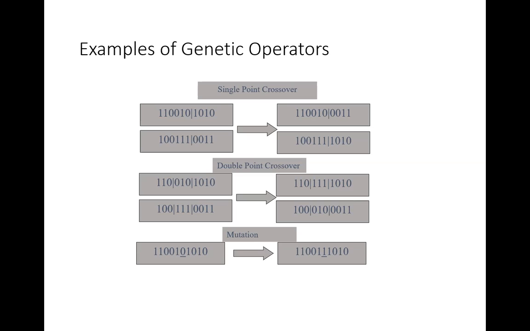So every new generation gives you a solution or a set of potential solutions which are better than the set of potential solutions you had in the prior generation. And if this process is continued for a long time, obviously you end up with a really good solution. So that's the basic concept of applying genetic algorithms in this particular case, as well as in general to any particular problem.